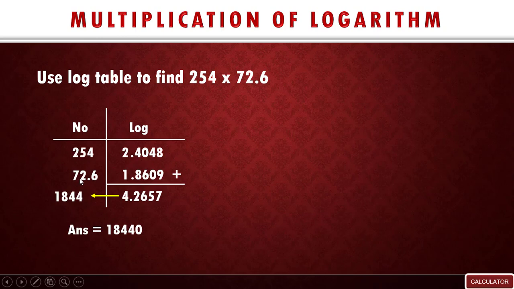And log 72 under 6 is going to give you 0.8609, which is the mantissa. That's from your table. Then for the antilog, when you go to your antilog table, all you are going to check is 0.26, that's 0.26 under 5 difference 7, if you're making use of your antilog table. So this is our final answer for example 1.